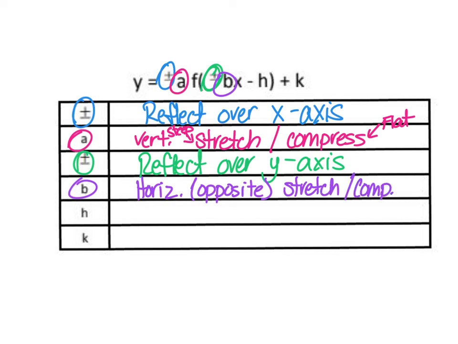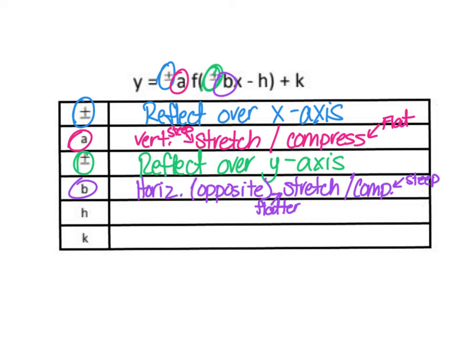So this little cheat sheet I'm giving you here is going to be super handy. So if it's a change inside the parentheses, it's going to be a compression, but it's going to look steeper. So in this case, it'll be steep, and in this case, it'll be flatter or flat.